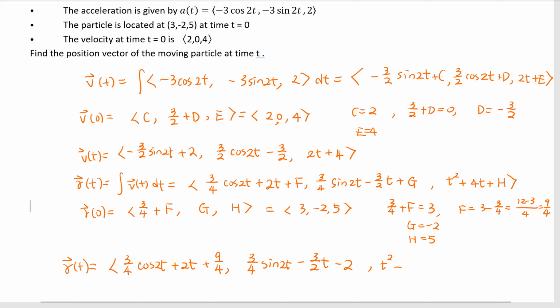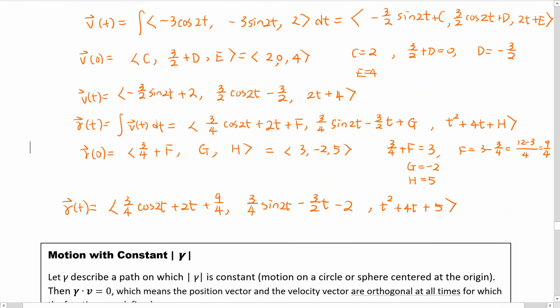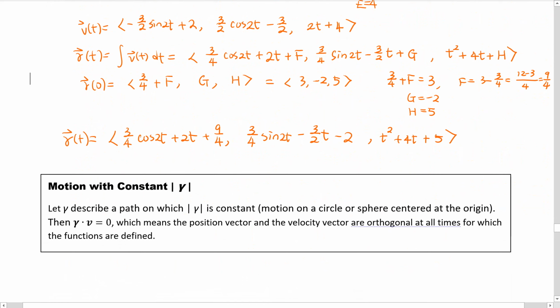And then t squared plus 4t plus h, h is 5. Okay, so this is the displacement. It's very similar to what we have done in Calculus 1. But in Calculus 1, we just do one function, and here it's like 3 times the work we did before because we have 3 coordinates. But the idea is the same, so we just generalize the idea and do it for each coordinate.